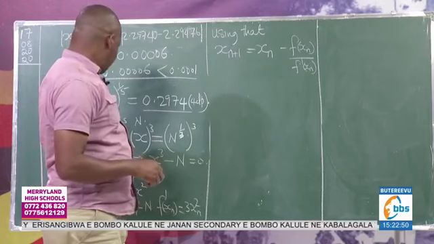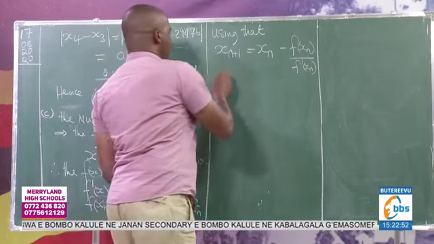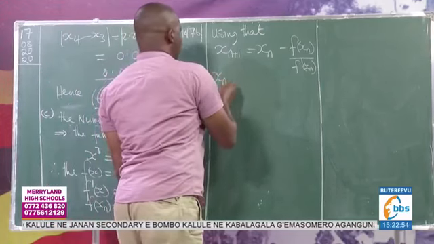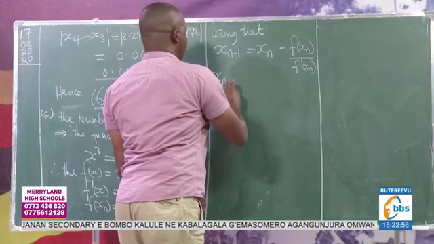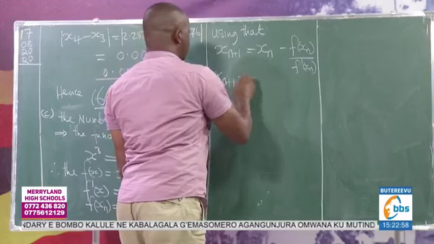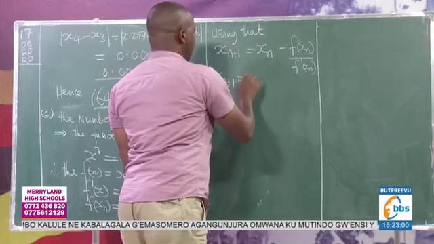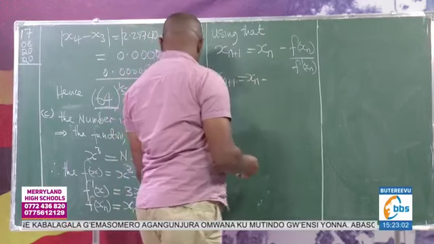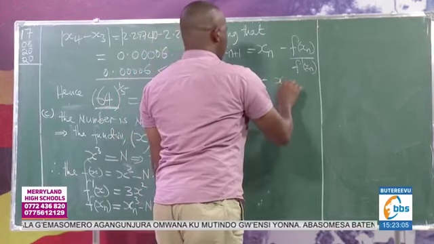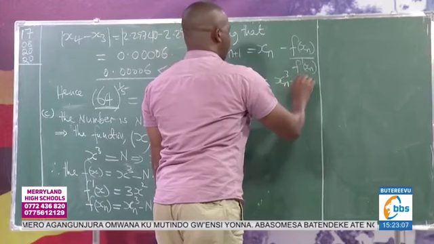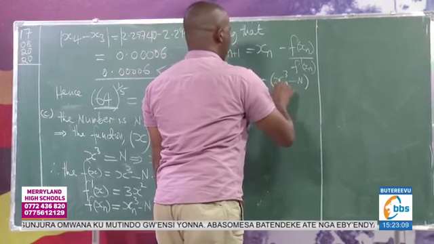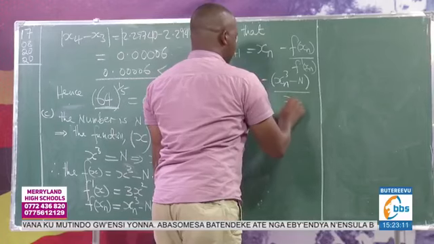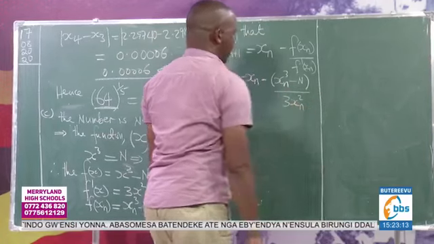We have a first derivative, we have our function. So our xn plus 1 becomes xn minus, our function is xn cubed minus n, but this must be bracketed, over 3xn squared.